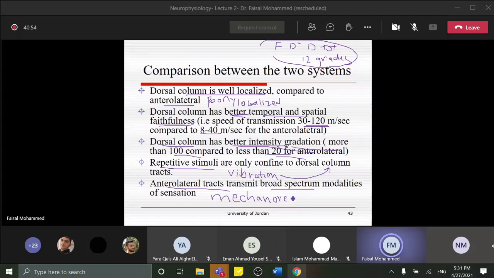But besides that, what does it have? Pain and temperature. Pain, we call it nociceptive. Nociception.